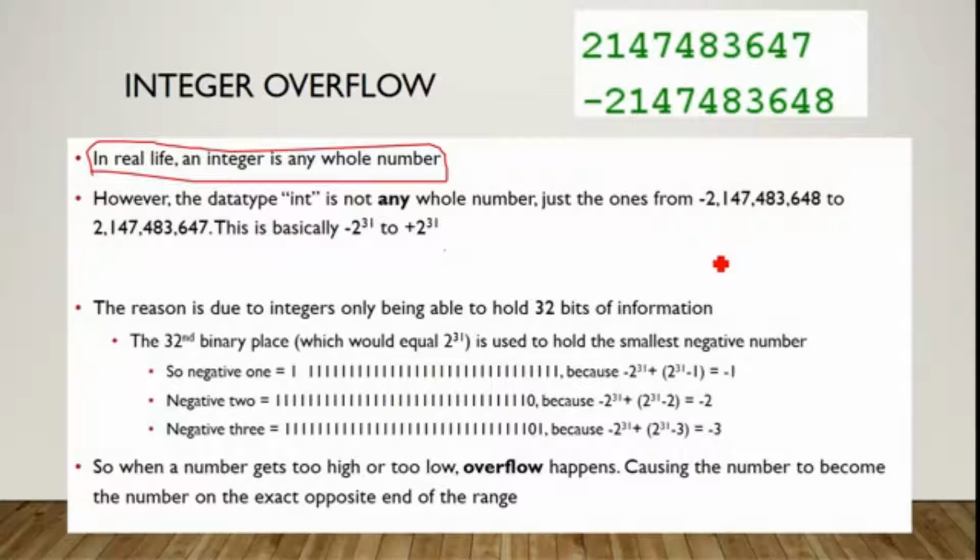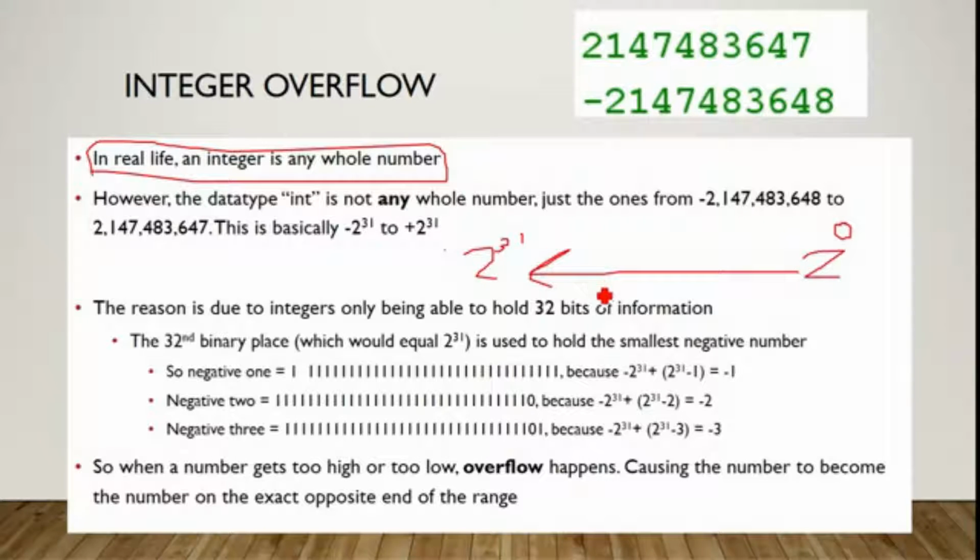Now, the reason why it's not literally all whole numbers is because integers are of size 32, meaning that they can only hold numbers that add up 2 to the 0th to 2 to the 31st.